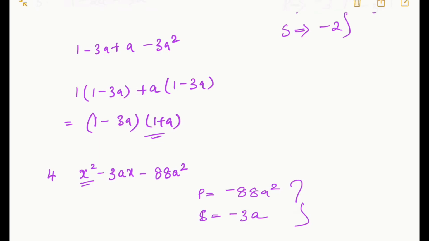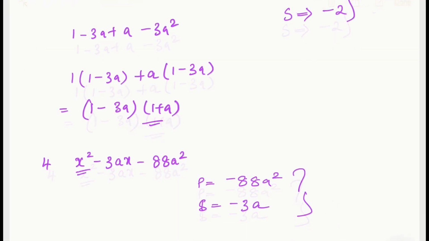We need the product to be minus 88 and the sum as minus 3. Which are the two numbers such that when you multiply you get minus 88 and when you take the sum you get minus 3a? Just have a look. 88 can be written as 44 into 2, that doesn't work. 22 into 8, again it doesn't work. What about 11 into 8?